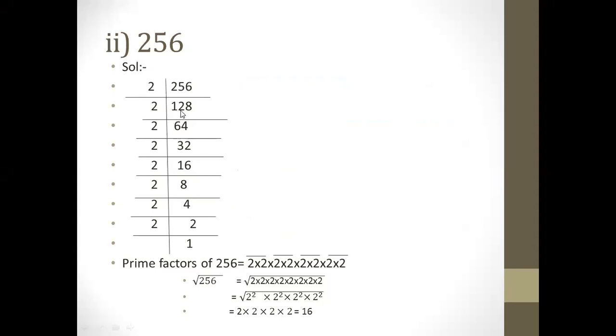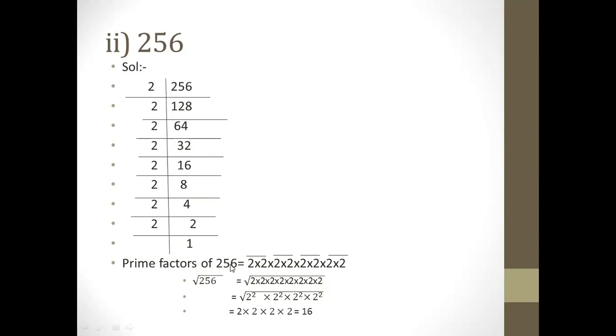So 2 ones are 2, 2 twos are 4, 1 carry it becomes 16, 2 eights are 16. Again with 2, 2 sixes are 12, 2 fours are 8. Again with 2, 2 threes are 6, 2 twos are 4. Again with 2, 2 sixteens are 32. Again with 2, 2 eights are 16. 2 fours are 8, 2 twos are 4, and 2 ones are 2.